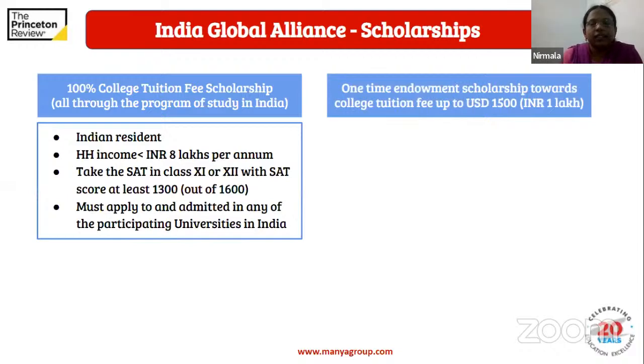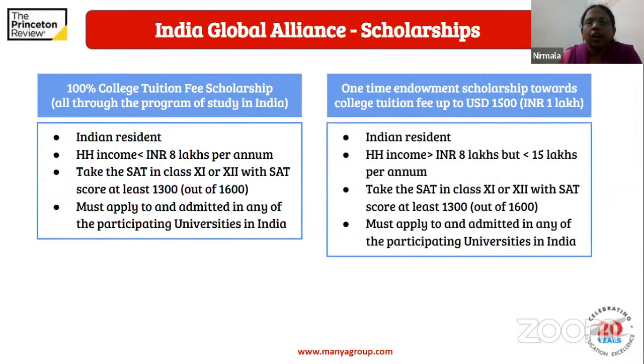The second one is a one-time scholarship of US dollars 1,500, which is around 1 lakh, on the tuition fee. Here, the household income is greater than 8 lakh and less than 15 lakh, and the SAT score is 1,300 out of 1,600.